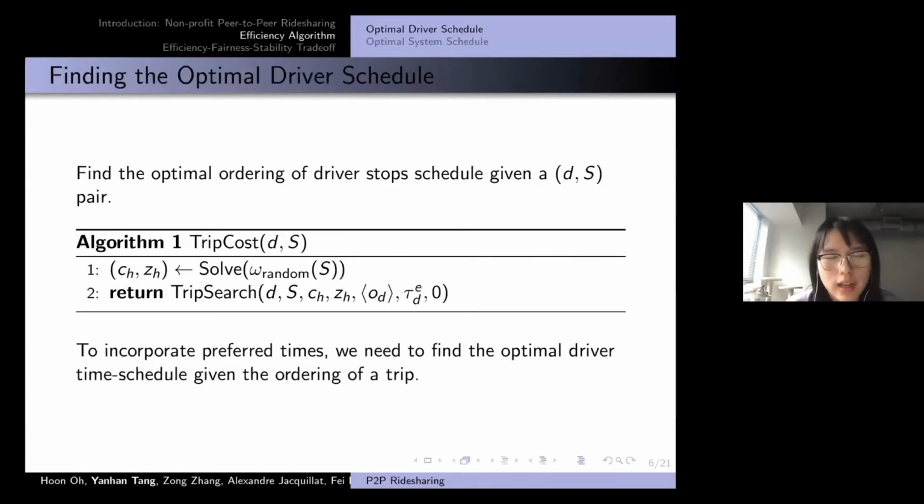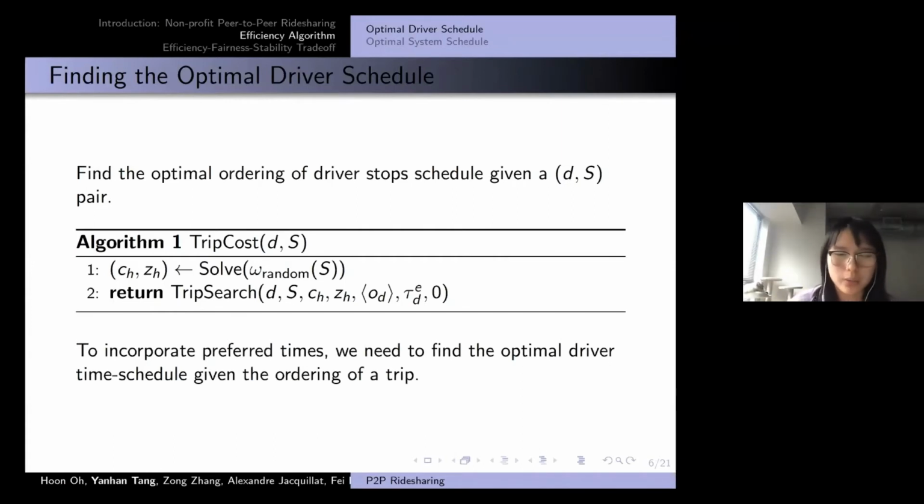So for SP1, finding the optimal driver schedule, we first want to solve the optimal ordering of stops and timing of those stops given a DS pair.